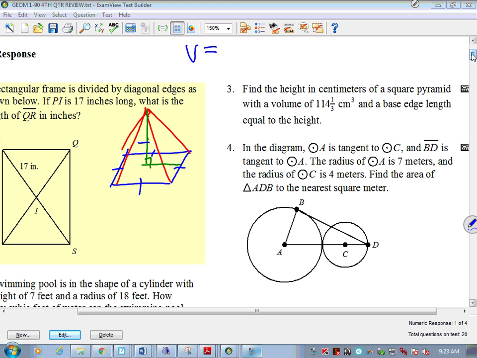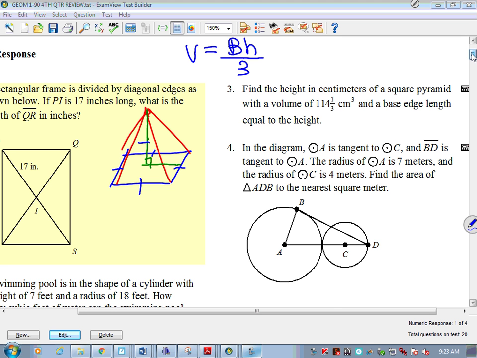The volume is big B times h divided by 3, right? What does that big B stand for? Perimeter of the base? Nope. Area of the base.